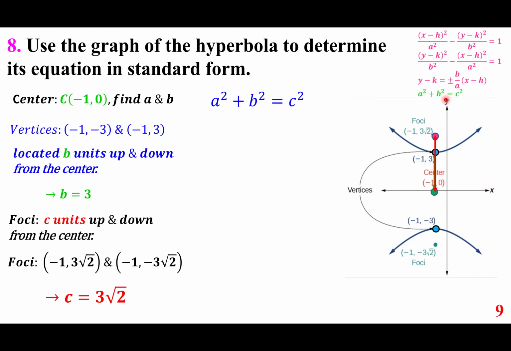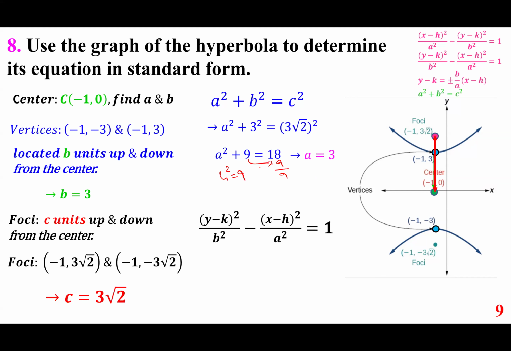So we write it: a squared plus 9, 3 squared, equals, and this is 9, 3 squared is 9, this one is 2 times 9, 18, and so a squared is 9, a becomes 3.